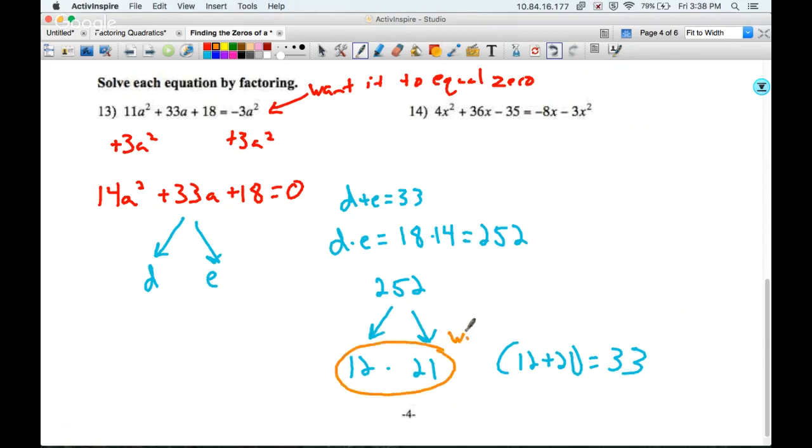And I got it just by using my calculator, dividing numbers that I thought might be factors of 252 until I found the one. All right, so back to our equation. We've got 14a squared. I'm going to split that 33a into a 12a and a 21a.